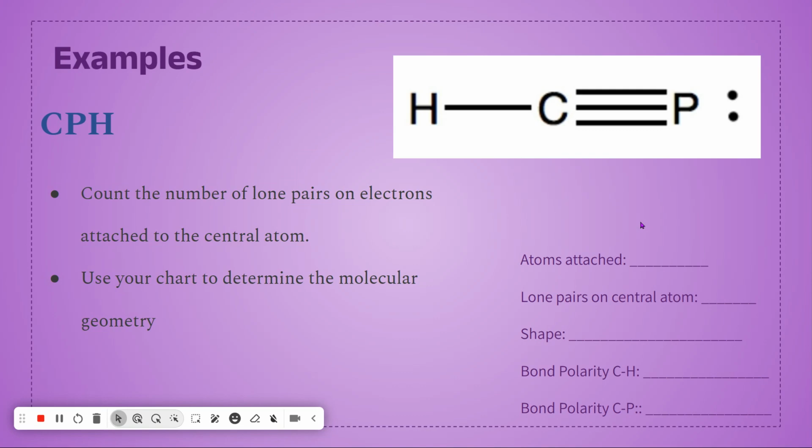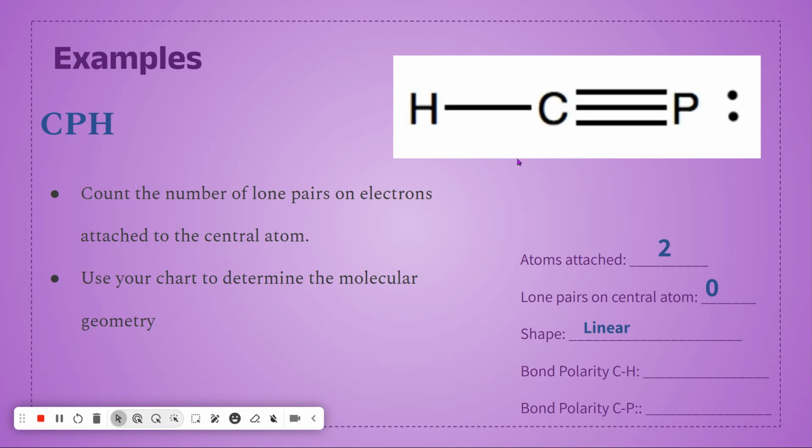All right, one more, I think. So if we look at this, we have 2 atoms attached. Now, this is a place where people can make a mistake because they see this triple bond here and they count it as 3 things. Do not do that. This is a triple bond, but it's only attaching 1 atom, okay? So this only has 2 atoms attached. And then on our central atom, there are 0 lone pairs.